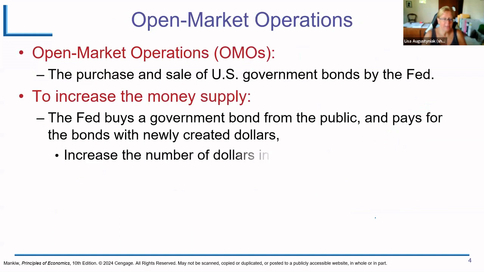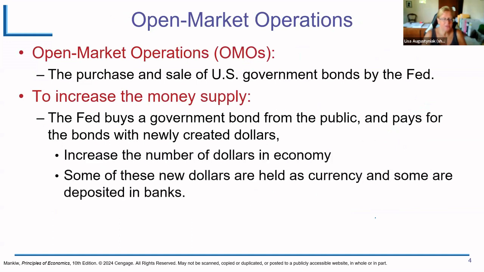So open market operations, okay? When we look at open market operations, if the Fed sells bonds, essentially what they're doing is exchanging a piece of paper, an IOU. They're selling it to a household, and the household's giving them money.